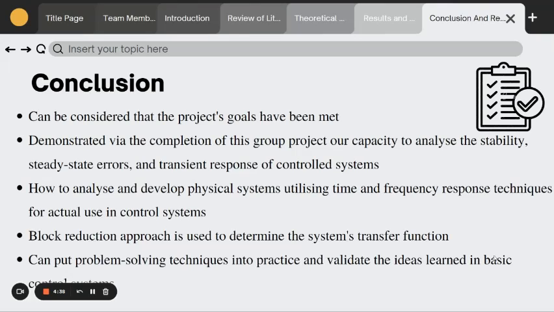Following that, we can show how to analyze and develop physical systems utilizing time and frequency response techniques for actual use in control systems. After that, the block reduction approach is used to determine the system transfer function. Additionally, using the MATLAB Simulink software, we can put the problem-solving techniques into practice and validate the ideas learned in basic control systems.